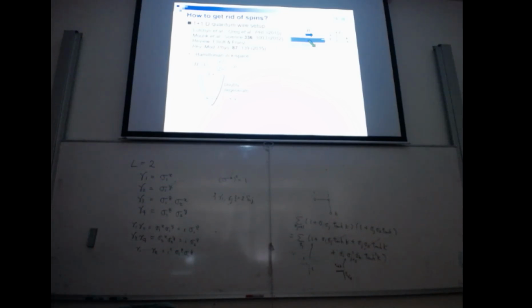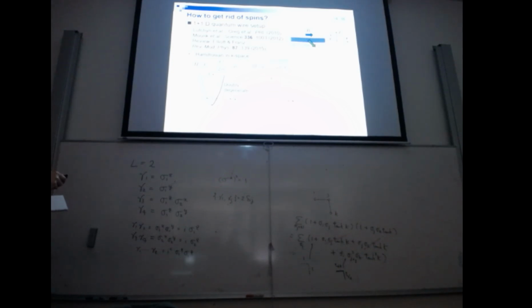Electrons are moving in this 1D continuous system, and if you don't have magnetic field or spin-orbit interaction, then you just have this quadratic band structure here, right? And because of the time reversal symmetry, these two bands are degenerate. But if you turn on the spin-orbit interaction, then these bands will split like this.